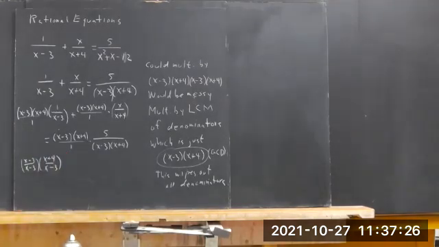Now I'm writing kind of small. Can you see it? Can you read it? I'm writing kind of small because I want to try to get it on this board.